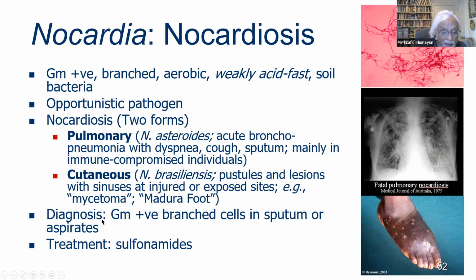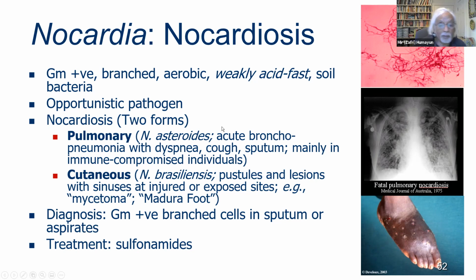Right? Diagnosis is based on the presence of gram-positive branched cells in sputum in the case of asteroides, or in aspirates in the case of the cutaneous form of nocardiosis. Treatment is quite effective. Sulfonamides are quite effective in treating the disease.